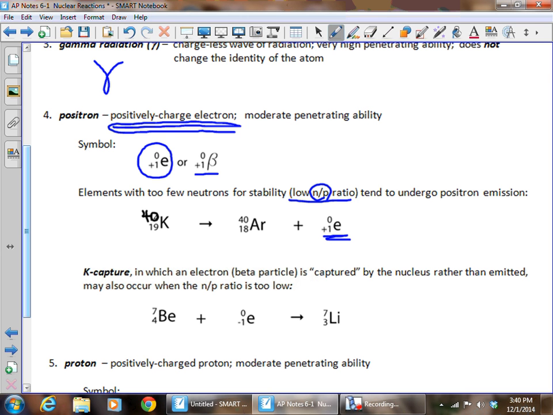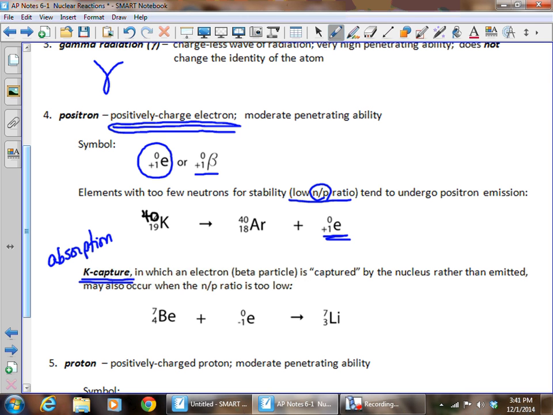Now, having a situation where you've got a low neutron-proton ratio can also be resolved by something called K capture. Now, capture, absorption, those terms indicate that the particle in question is on the left-hand side because it's being captured or absorbed.